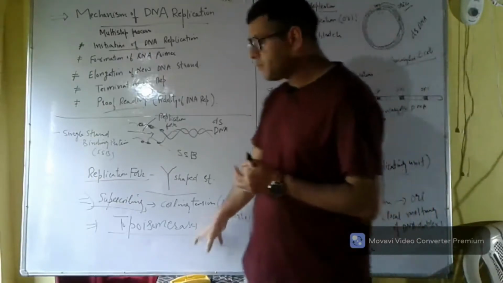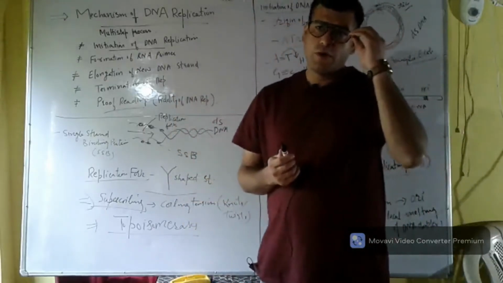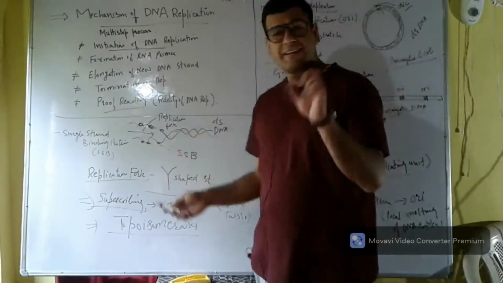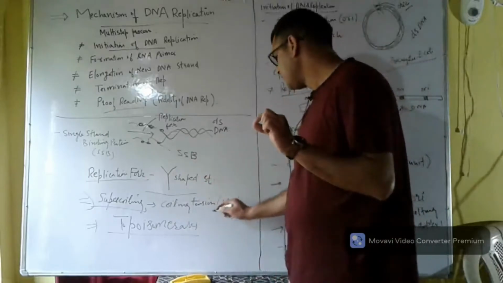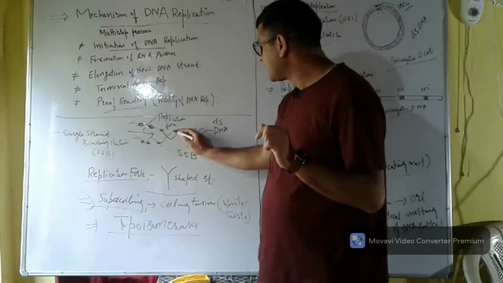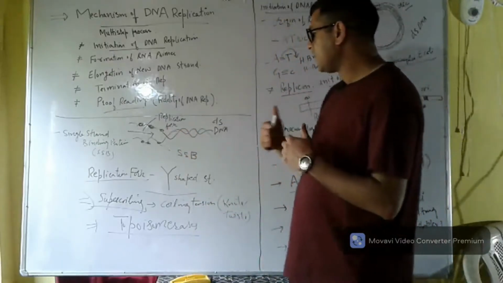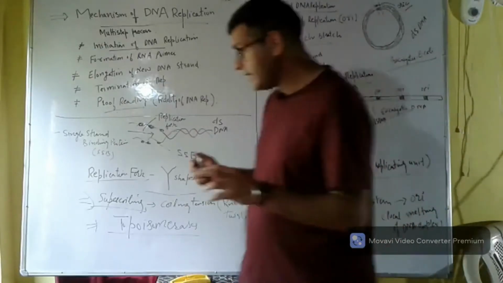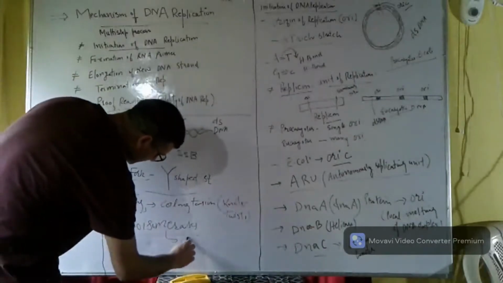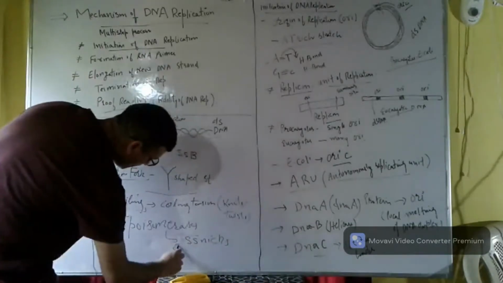These topoisomerases use the energy of ATP hydrolysis for making the nicks, single stranded nicks or double stranded nicks, which relieve the coiling tension.